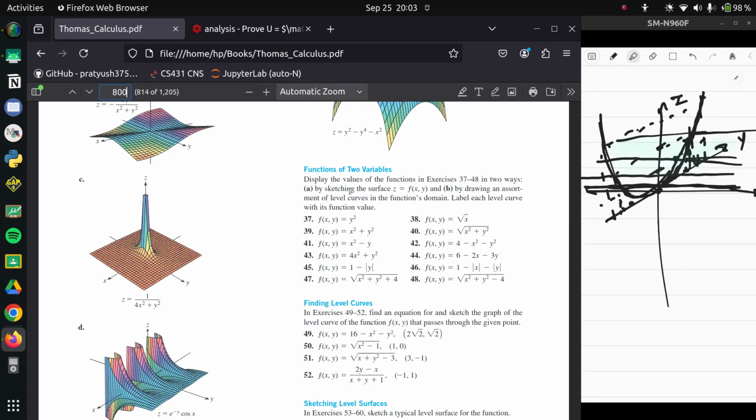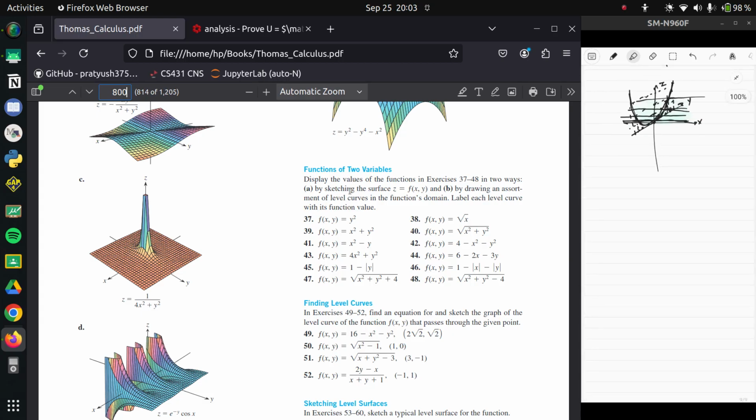This would be shaded like this, and this would be shaded slightly darker, right? Yeah, this is how it should be most likely.